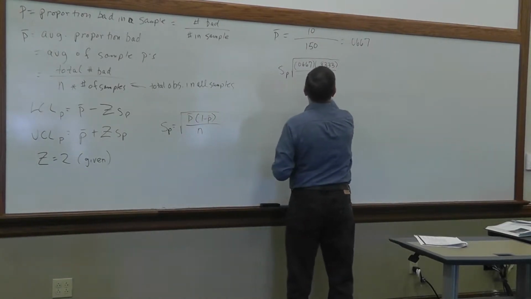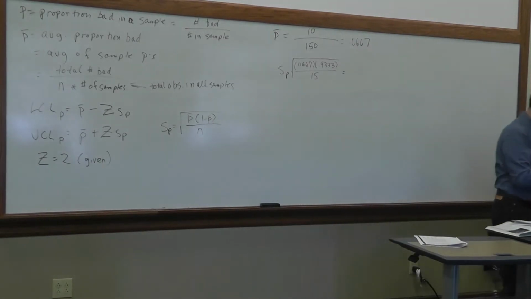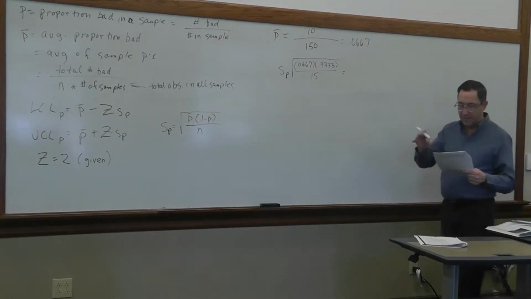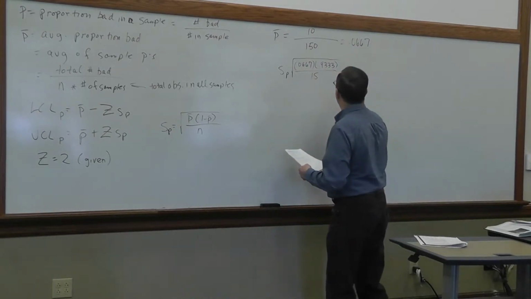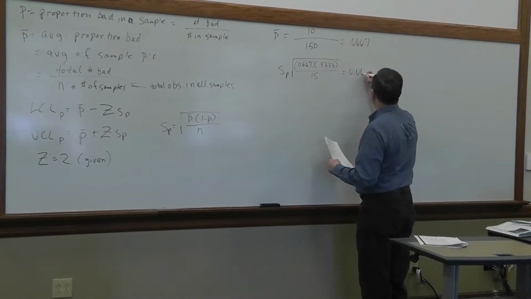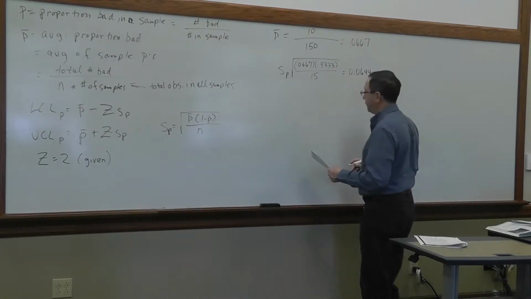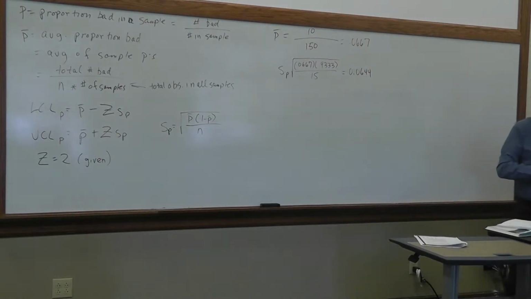N is 15. At this point, it's a calculator exercise. I did this on my calculator and came up with this number. You guys check me. 0.0644. Wait for someone to nod to me before I continue. Got it? All right.